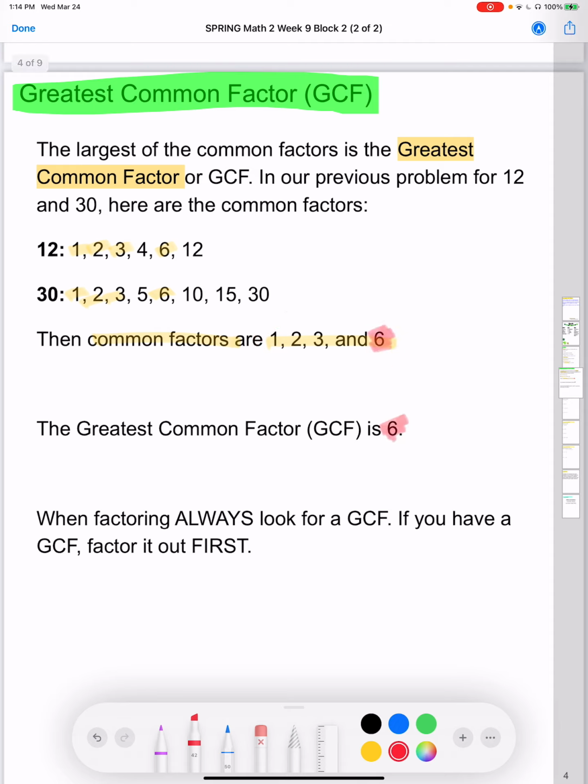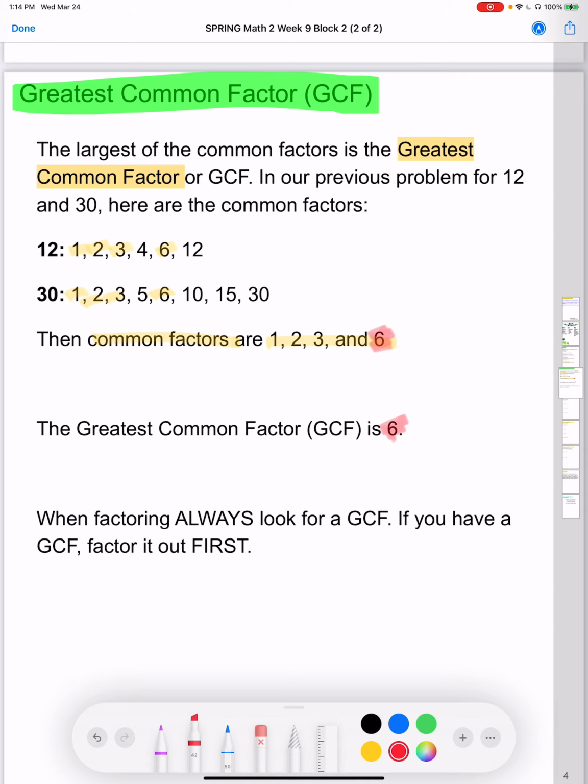So the greatest common factor is a factor that two numbers have in common, and it's the biggest one. When factoring, always look for a GCF. If you have a GCF, you must factor it out first. Today we're going to be working on factoring polynomials, and we're going to try to factor out that greatest common factor. Go ahead and pause this video here and copy this page down.